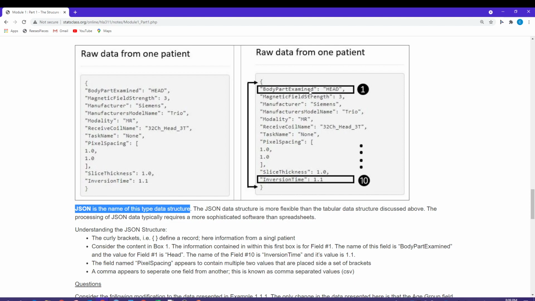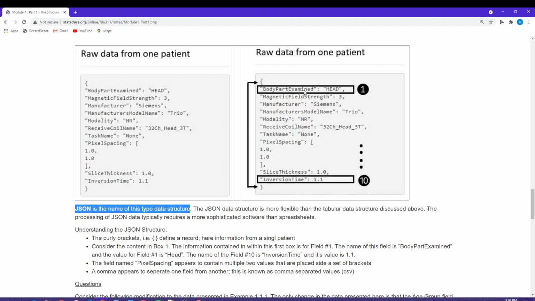Okay, that information is a field. And the field name is going to be body part examined. So what body part was examined? That's going to be the field name. So that might be, if I were to convert this into a tabular format, the name of the column for that information.